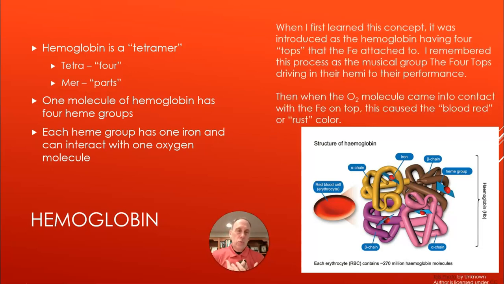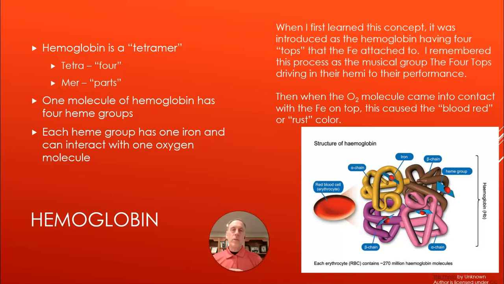Now, when I was in college years ago, and this was way before my time, the 4 Tops were a Motown group years before I was even born. But when I visualized this, I visualized the 4 Tops were driving in their Hemi, right, their car, to their performance. And when an oxygen molecule would hop on board with them to go to the show, this caused the car to turn red.